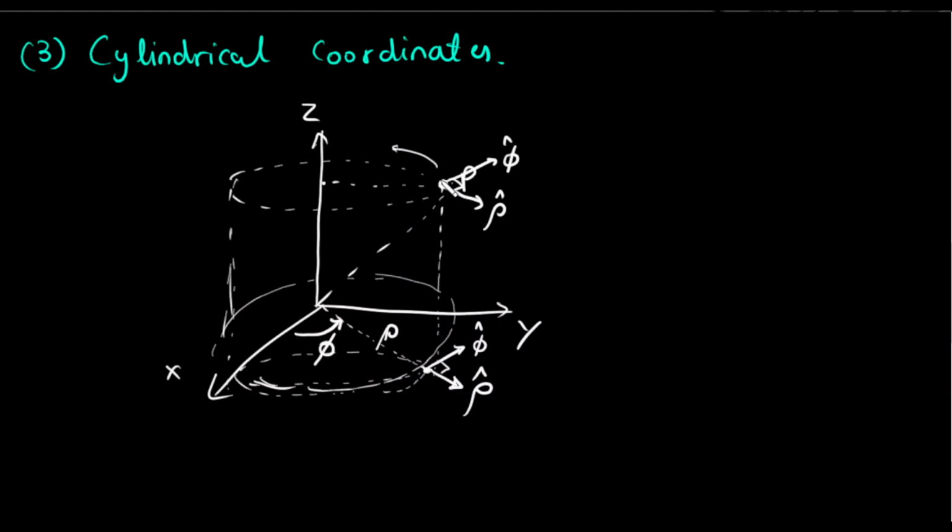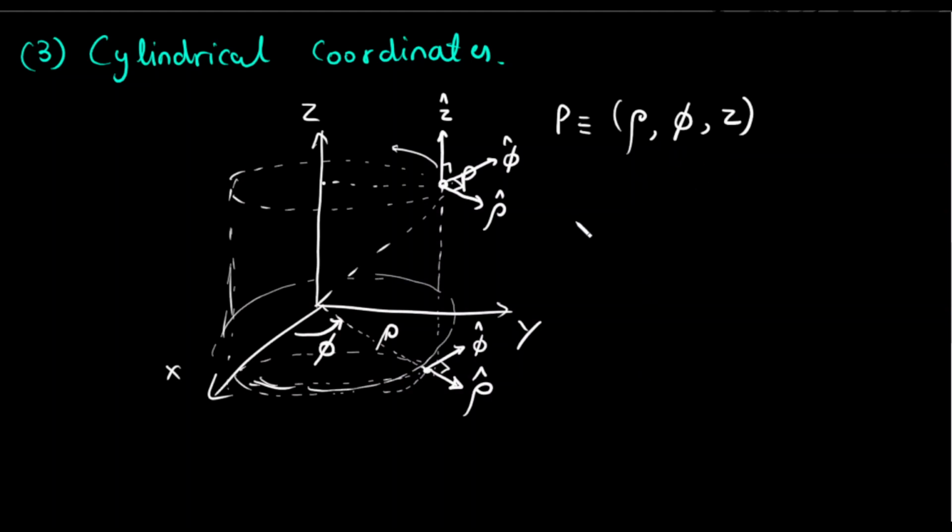So that means that we have to have this unit vector as well. So this unit vector is going to be z hat. Because z hat is going to be perpendicular to both of these, psi hat and rho hat. So that means the angle between z hat and psi hat is going to be 90 degrees, and the angle between z hat and rho hat is going to be 90 degrees. So this P point has the coordinates of rho, psi and z. So this is used in the cylindrical polar coordinates.